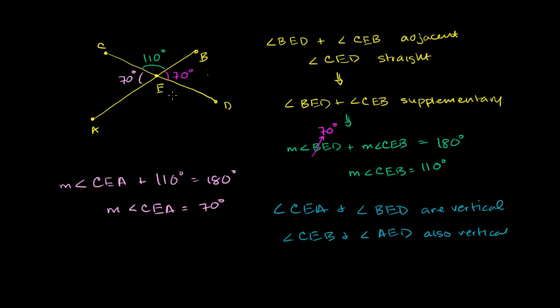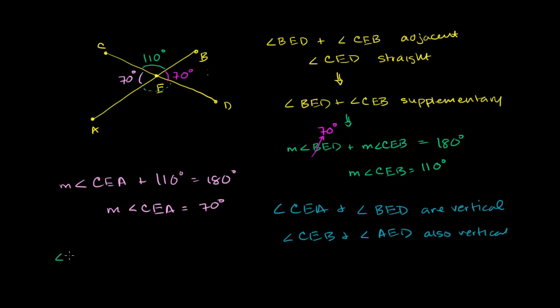So now we have one angle left to figure out, angle AED. Based on what I already told you, vertical angles are always equal. But we haven't proven that to ourselves yet, so we can't just use that property to say that this is 110 degrees. So what we're going to do is use the exact same logic. CEA and AED are clearly supplementary. Their outsides form a straight angle. So CEA and AED must add up to 180 degrees.